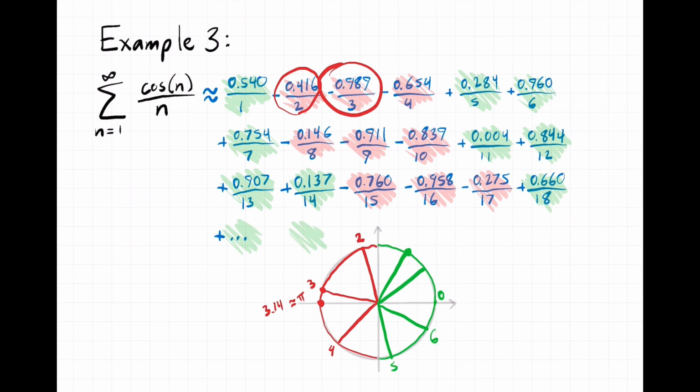Here is 7, which is not quite as far around the circle as 1, because you'd have to take 1 plus 2 pi to get exactly back to where you were at 1, and 7 is less than that. Here is 8. Here's 9. 9 is less than 3 pi, so it lands us over here somewhere. Here is 10. And 11 puts us just barely onto the positive side.